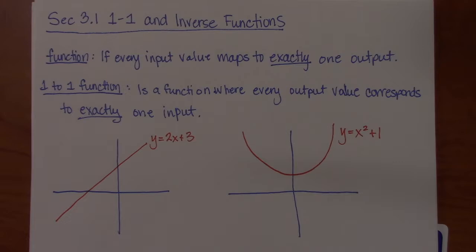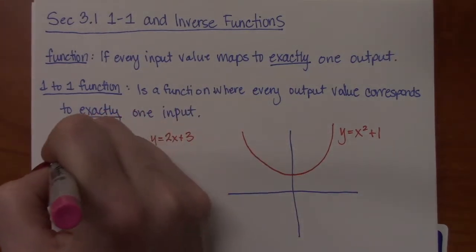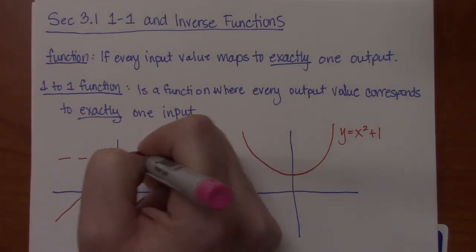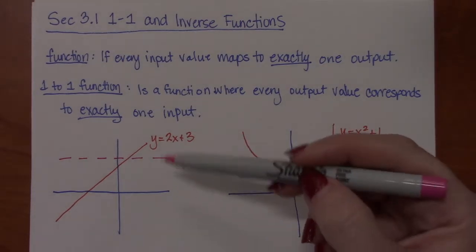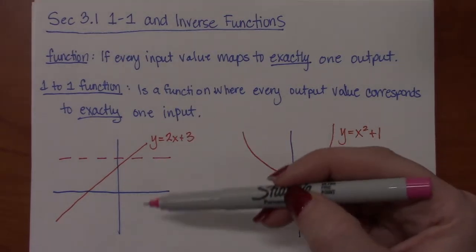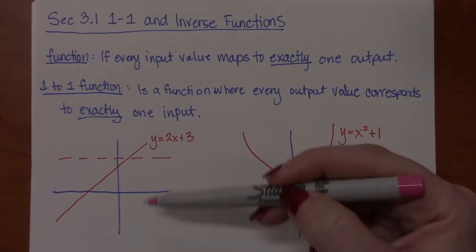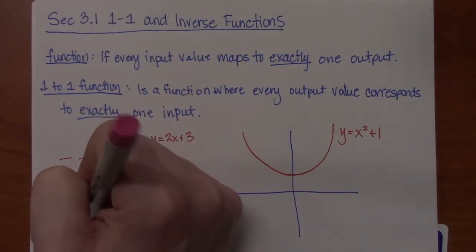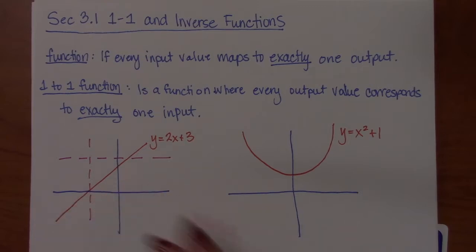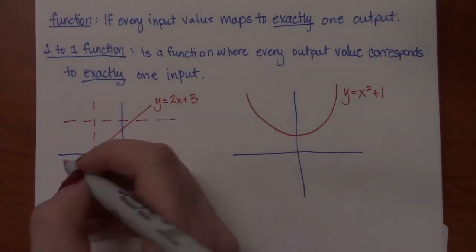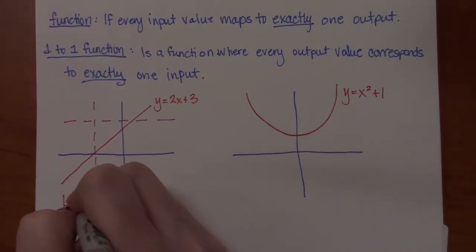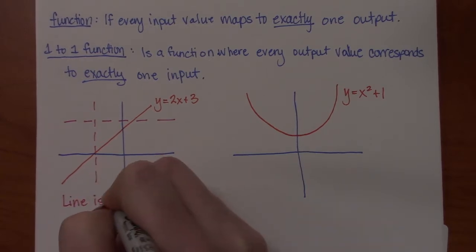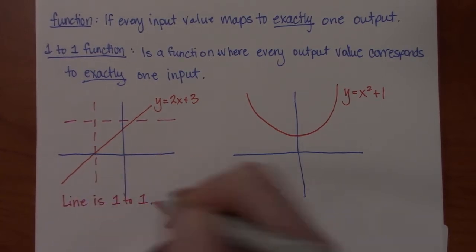So if I draw a horizontal line across here and slide it up and down, you can see that it's only ever going to cross the function 1 time. And we know it's also going to pass the vertical line test as well. So we would conclude that this line is 1-to-1.